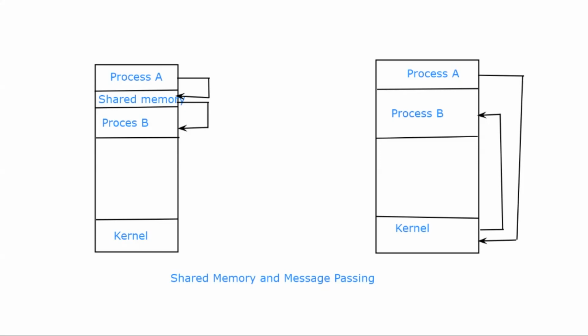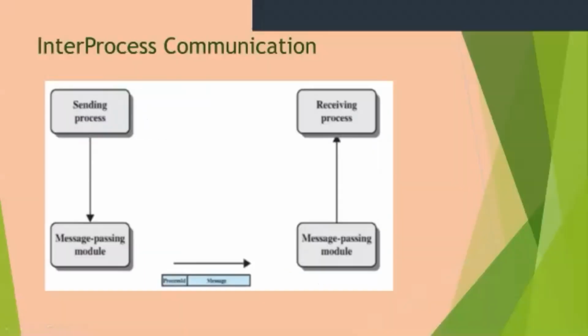So I have covered up to this IPC mechanism. I have already explained. Wait, let me close this. So inter-process communication: sending process, message passing module, receiving process, and the message is containing process ID and message. Why is the process ID field present?